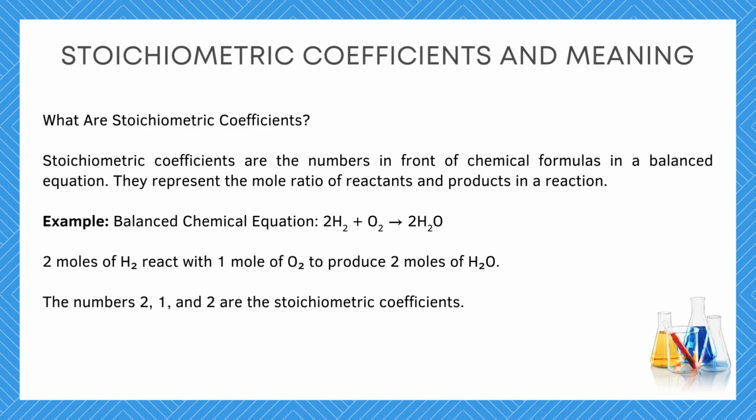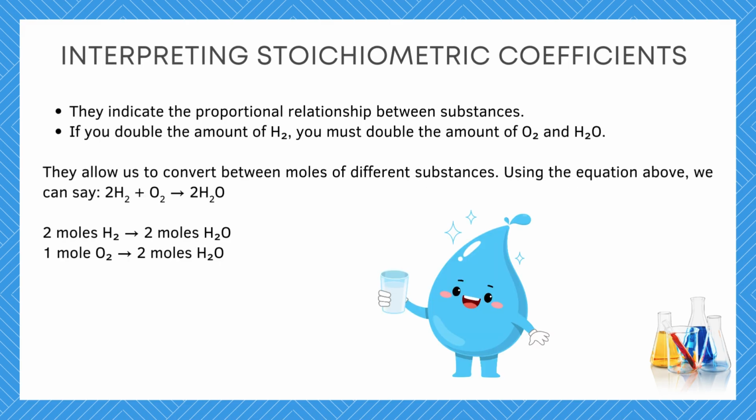So the numbers 2, 1 and 2 that are standing in front of hydrogen, oxygen and water respectively are called stoichiometric coefficients. I hope it is clear. So your stoichiometric coefficients are the big numbers that are placed in front of chemical formulas in a balanced equation.